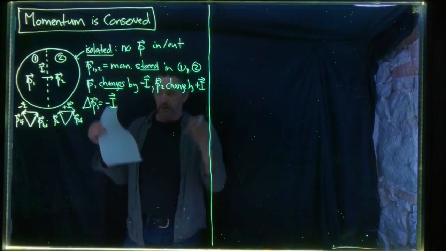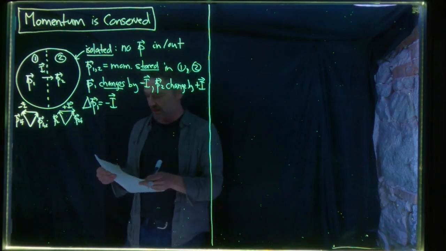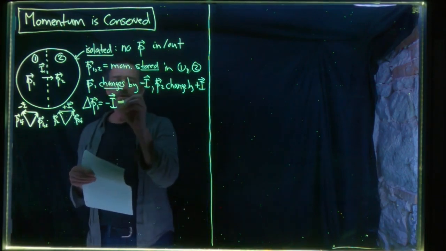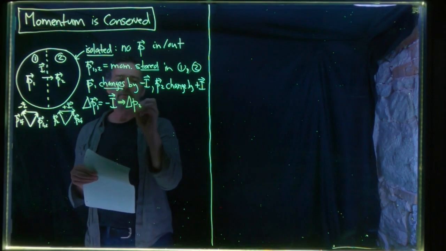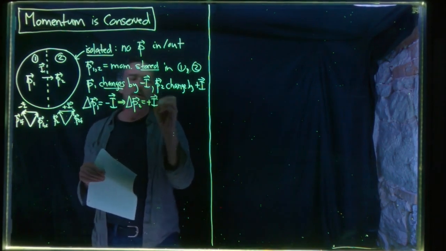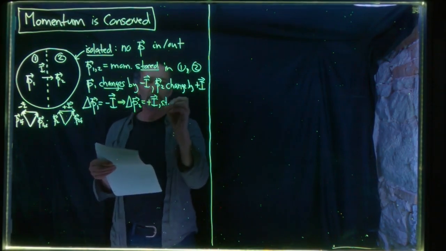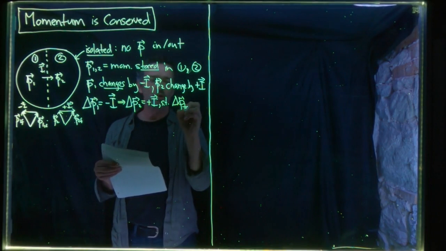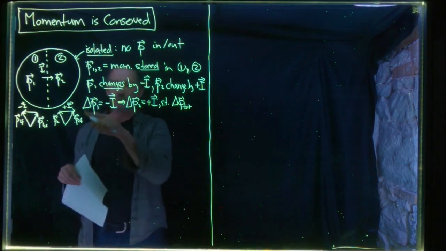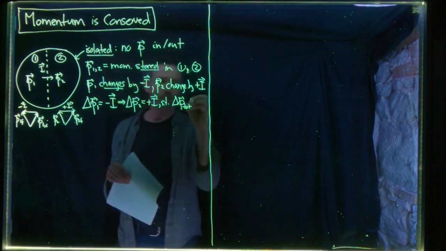So it went down by I, so to speak, but because I is a vector, it's not really going down, it's just changing by minus I. So then that implies that the change in the momentum in system number 2 has to be the opposite vector, plus I, such that the change in the total momentum, which is the change in P1 plus the change in P2, which is minus I plus I, is 0.